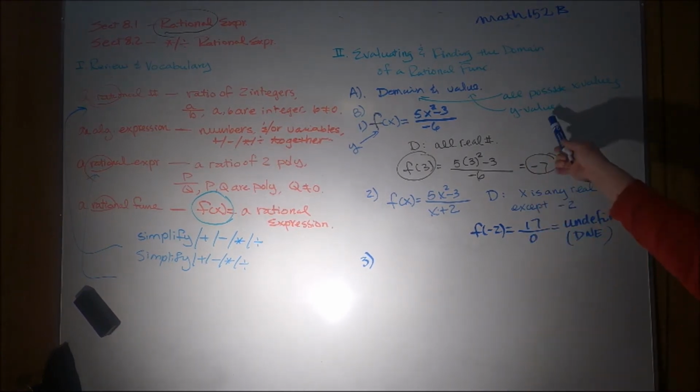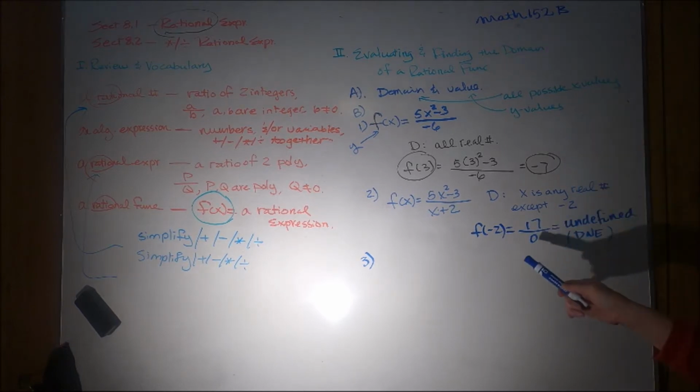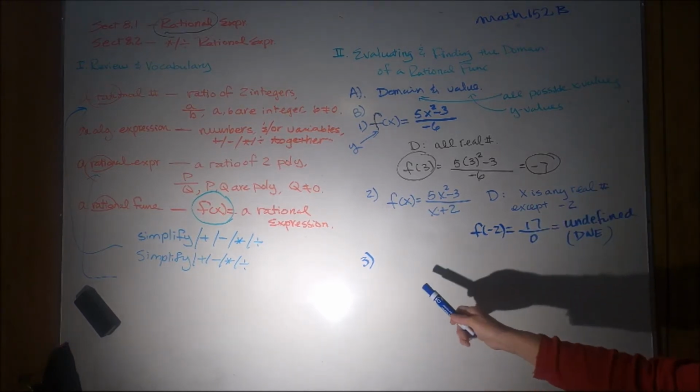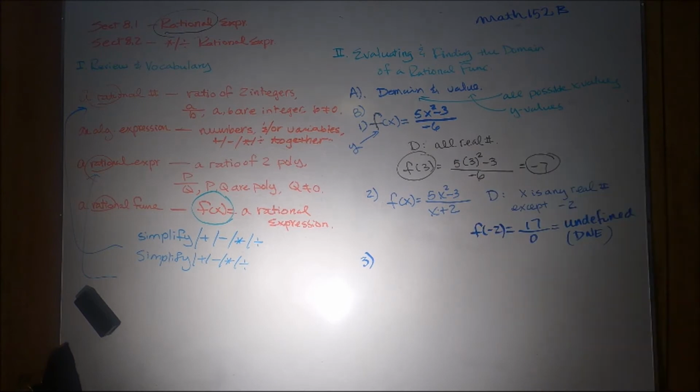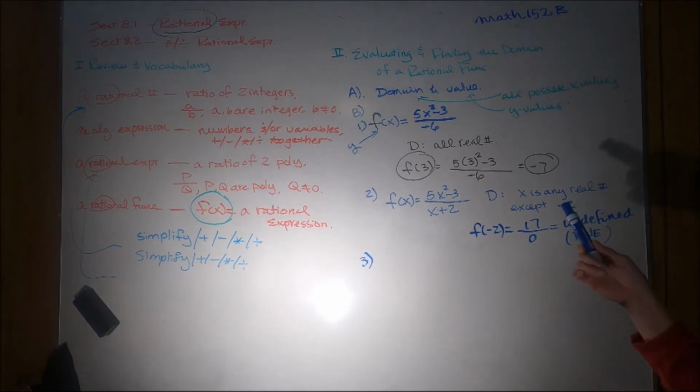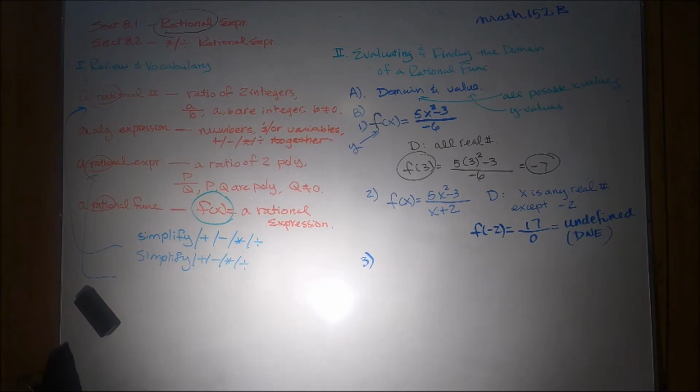That means all possible values, what kind of x we can use for the function. Because they are fractions, we need to be concerned about what kind of x we can use. If it's just polynomials, you can plug in any number you like.